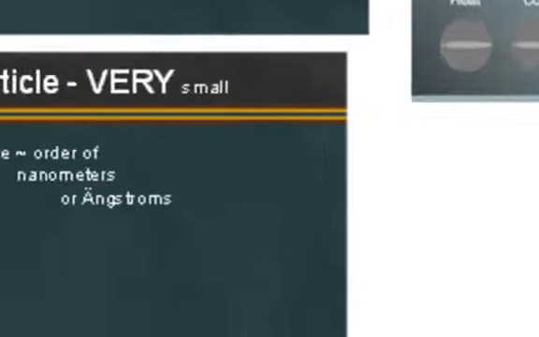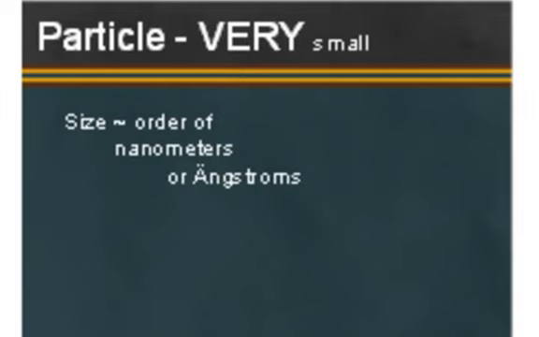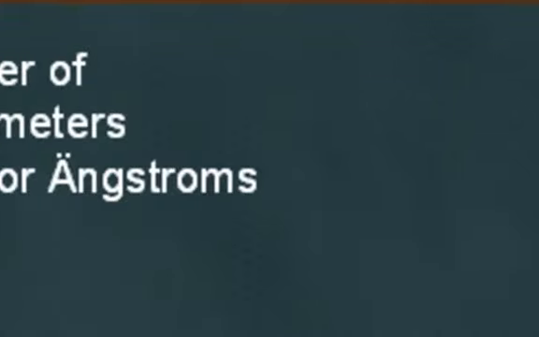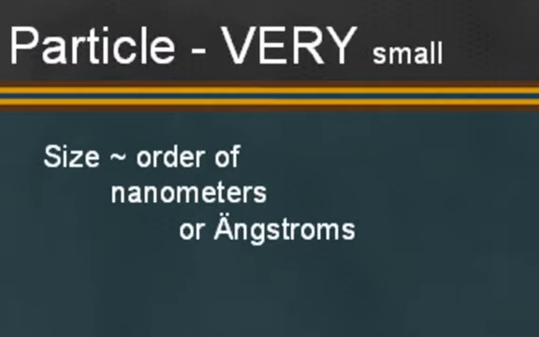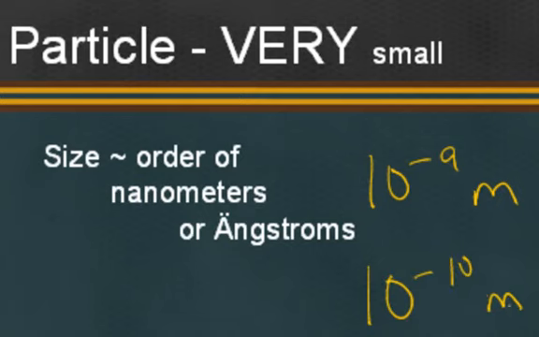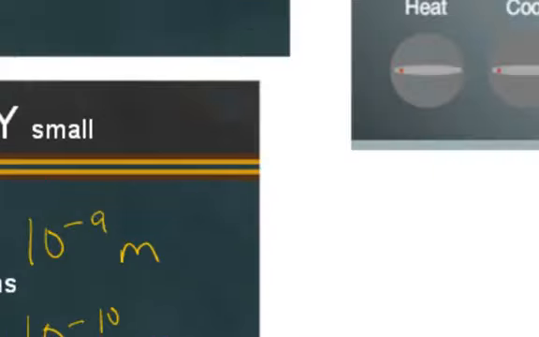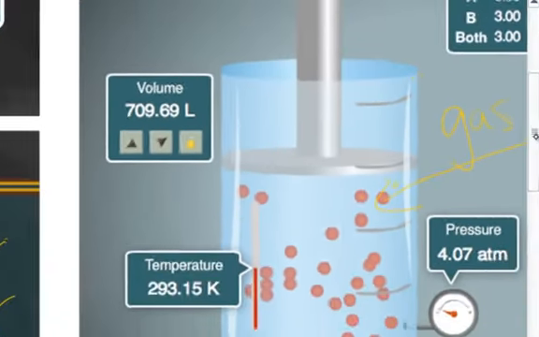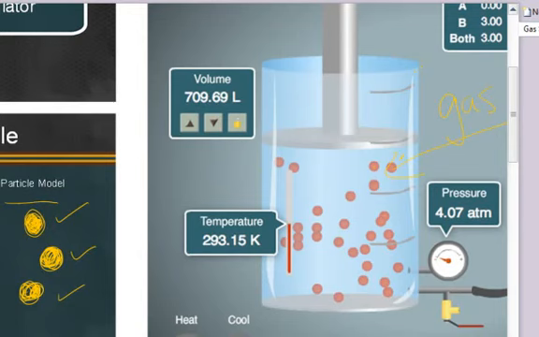The other thing that's very important here is that the particles are very, very small. The size of these particles is on the order of nanometers, which is 10 to the minus 9 meters, or even angstroms, 10 to the minus 10 meters. So when we're talking about these particles, we're talking about the radius being on the order of nanometers or angstroms. So again, if you look at this picture of the simulator, the volume is very, very large, 709 liters in this case.